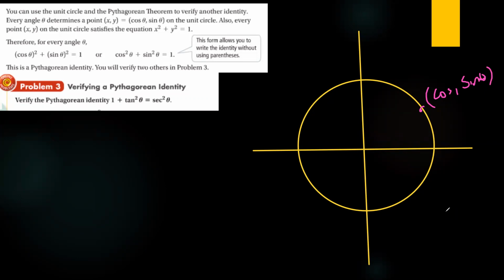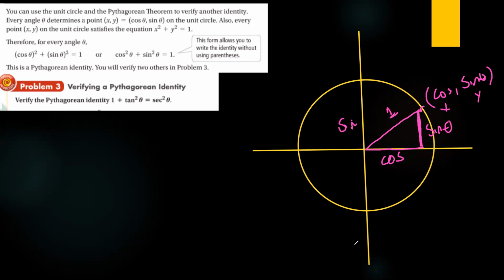So if we draw a triangle here, we said that this is x and this is y. So the x-axis is cosine and the y-axis is sine. And since this is y and this side here is parallel to y, so this will be sine. And since it is a unit circle, its radius is 1.